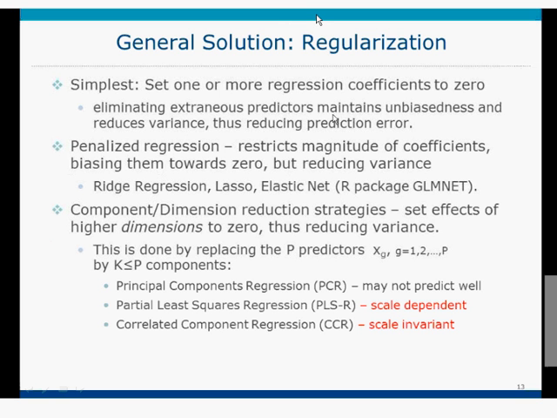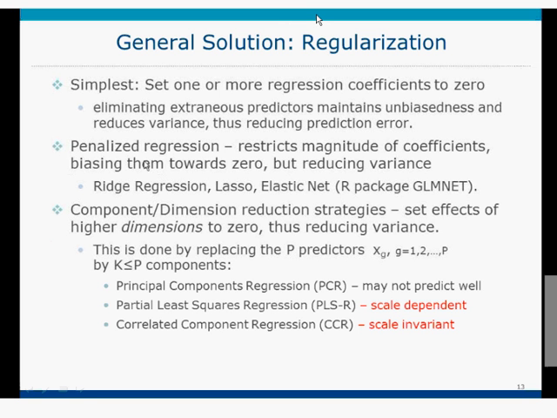That does not create any bias, but it reduces the variance. And thus, it reduces the prediction error. So if we can do that, we should. And of course, in traditional regression, we often test if a regression coefficient is statistically significant. We eliminate it if it's not. But in a case like this, where you have near multicollinearity, that might lead you to eliminate most or all of your predictors.